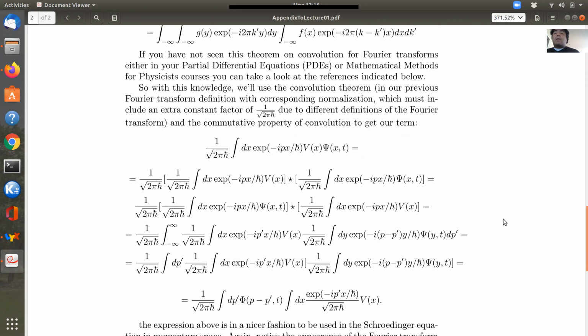Now, we know that the convolution is commutative, so we can put simply psi first and then the potential in terms of these Fourier transforms.